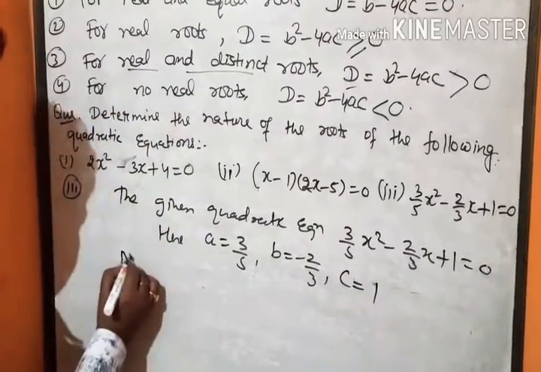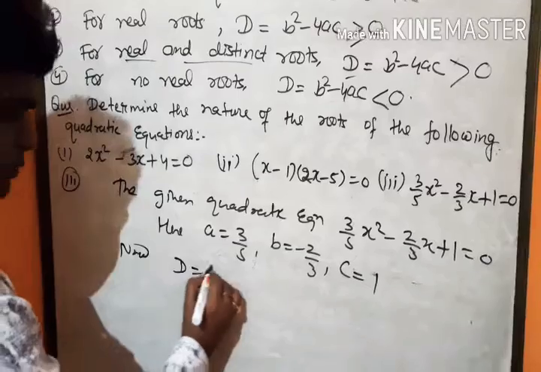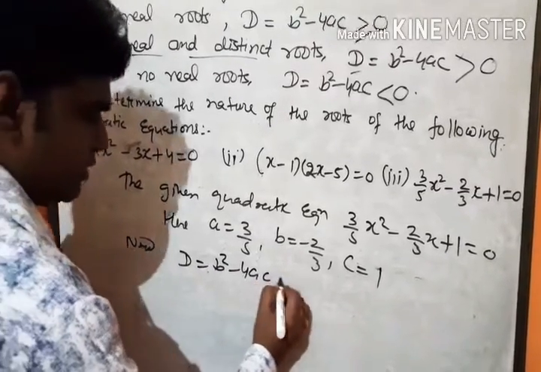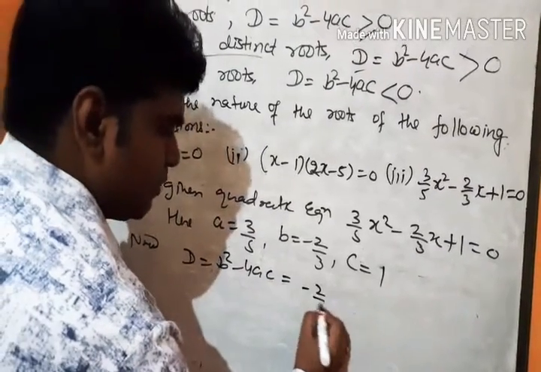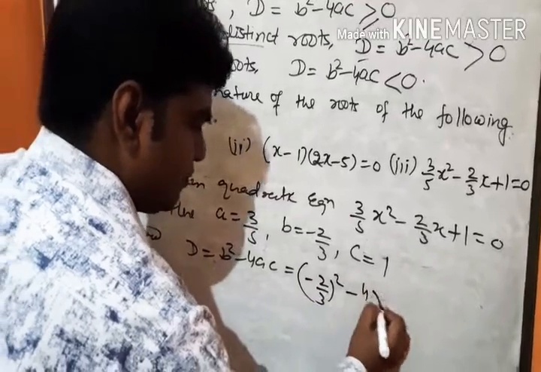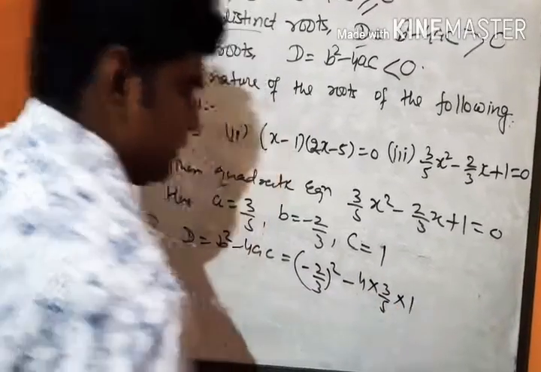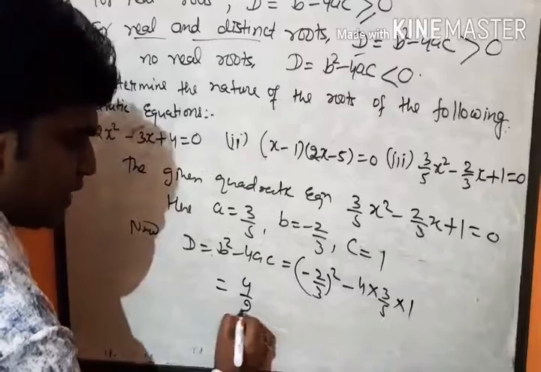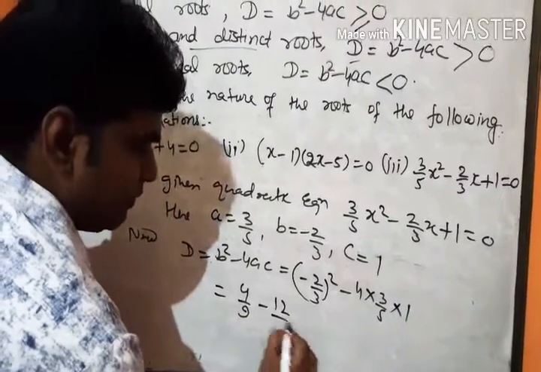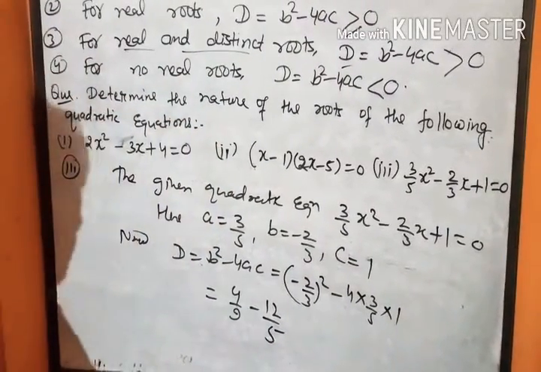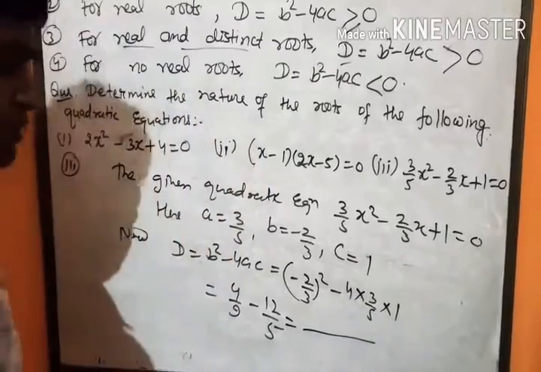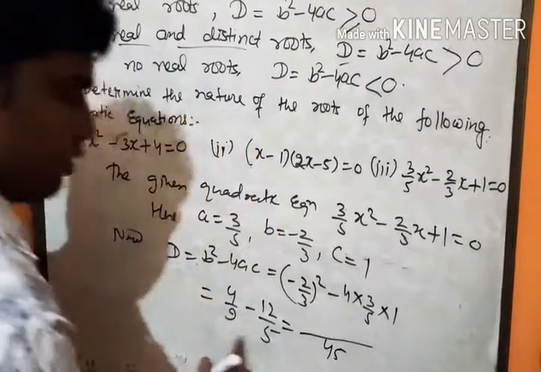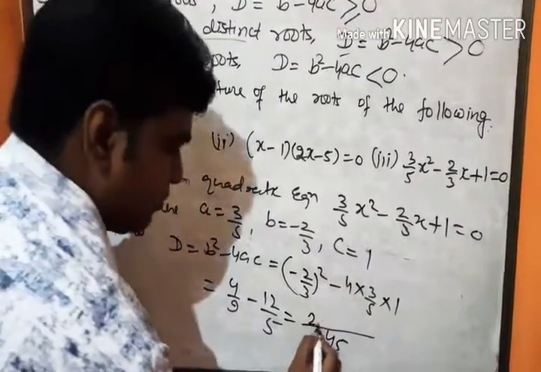Now d equal to b square minus 4ac is equal to minus 2 by 3 whole square minus 4 into 3 by 5 into 1. It gives 4 upon 9 minus 12 by 5. Now 9 and 5, taking LCM, we have 45.